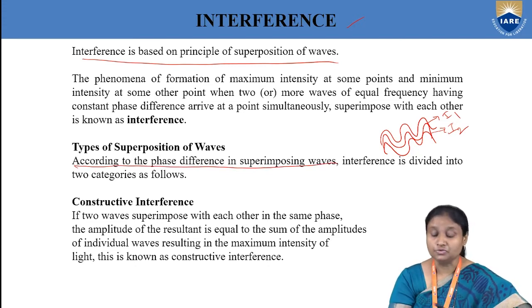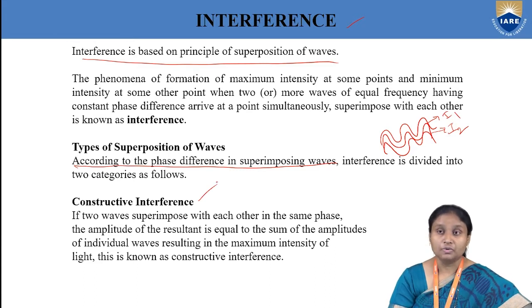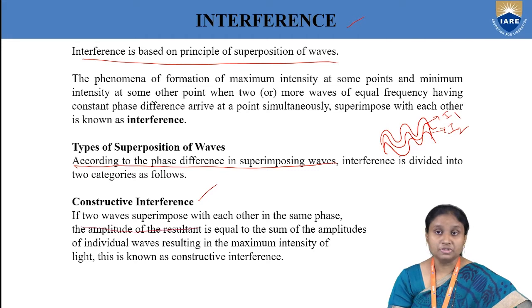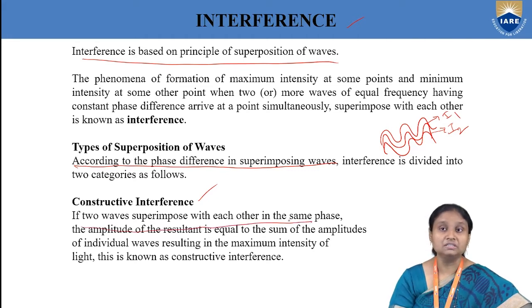If these two waves are in phase with each other, then such type of interference is called constructive interference. So what is constructive interference? If the two waves which are superimposing are maintaining the same phase, and what do we mean by maintaining the same phase?